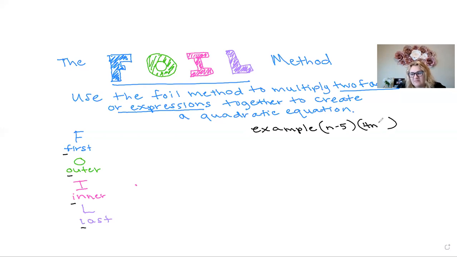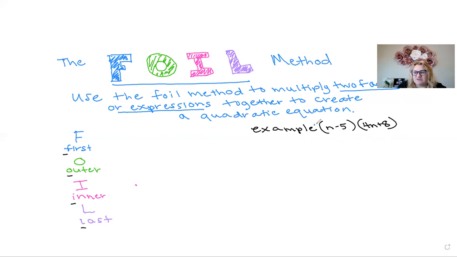So 4n plus 8. I wanted to have the same variable in both factors. This method just shows you in what order to multiply the factors and which factors to multiply first.